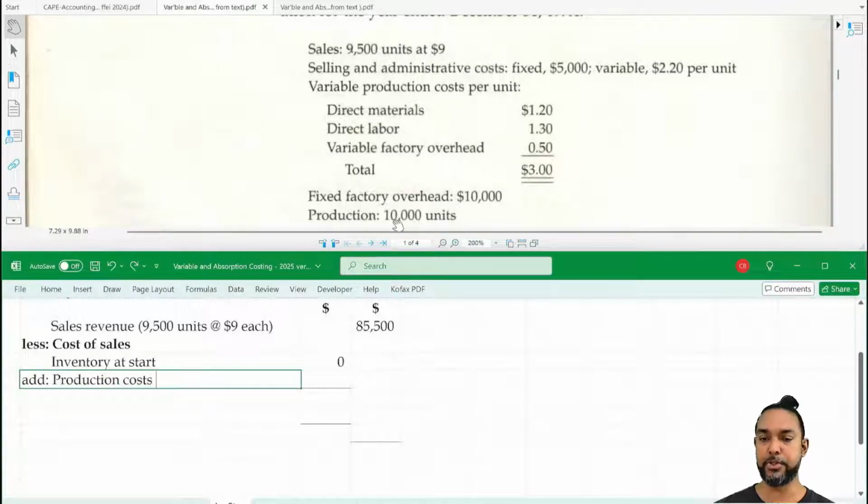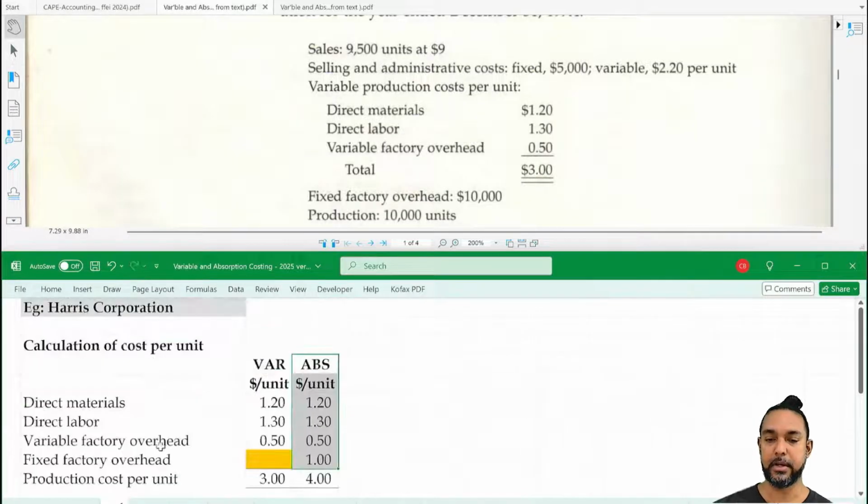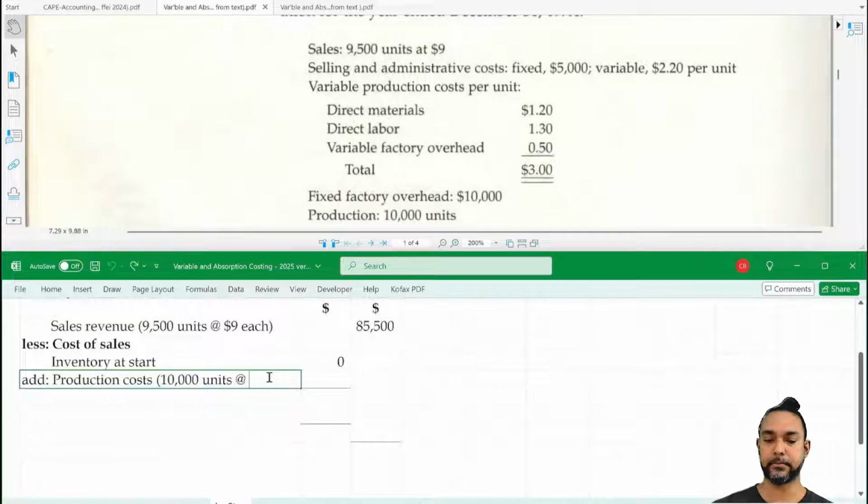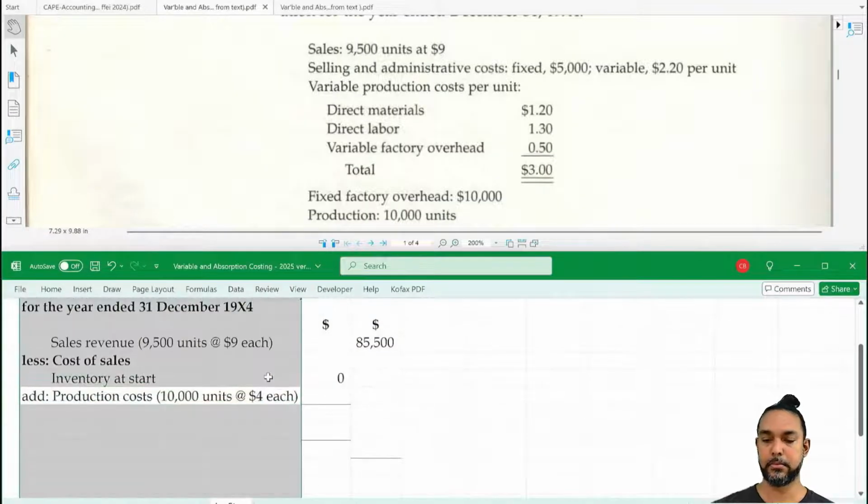So production cost, right? We produced 10,000 units, and the production cost under absorption costing, going back to our example here, is $4 for each. Actually, hold on.